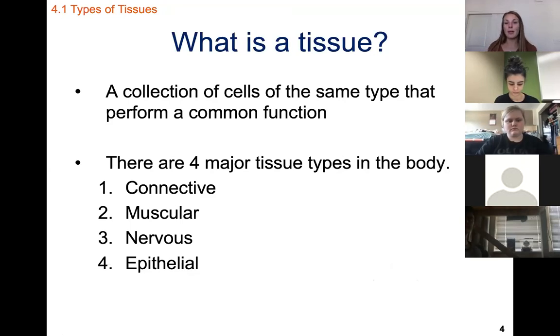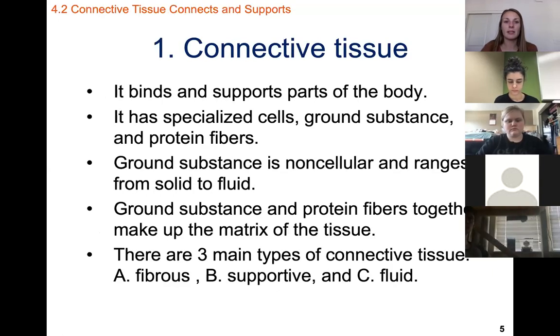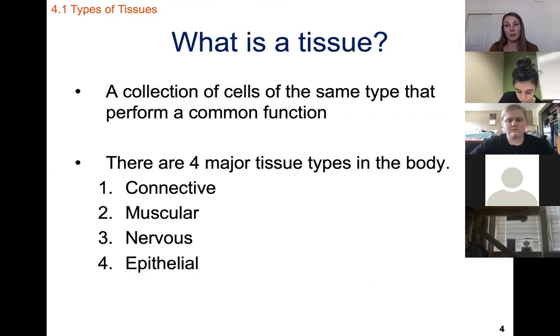So the 4 major tissue types in the body, the first is connective tissue. This is the thing that binds and supports all of your body. It specializes in protein fibers and how things are connected throughout the body, which is why it's called connective tissue. Muscular tissue seems to be fairly common.